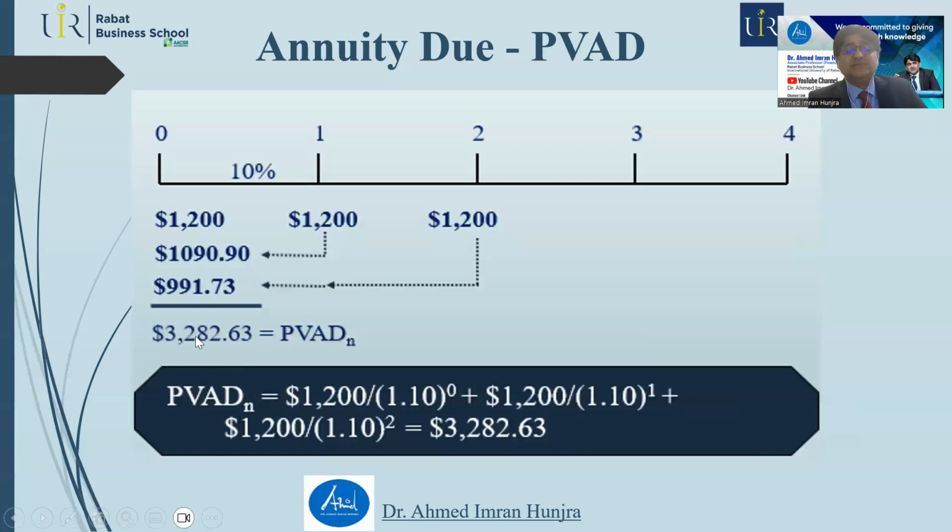So if we sum up the present value of each cash flow, when the payments are made at the start of the time period, we are getting 3262.63. As I explained, we will always get a higher value for annuity due as compared to ordinary annuity. So the value of annuity due is more than the value of ordinary annuity.